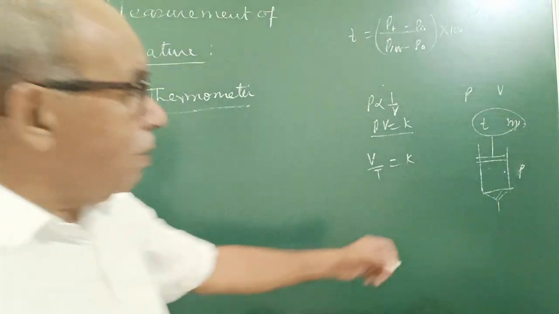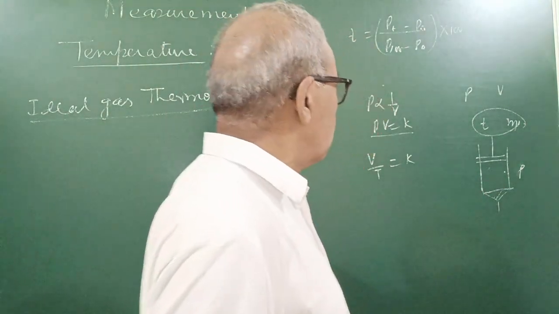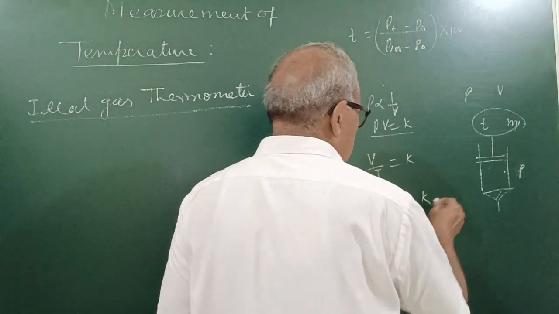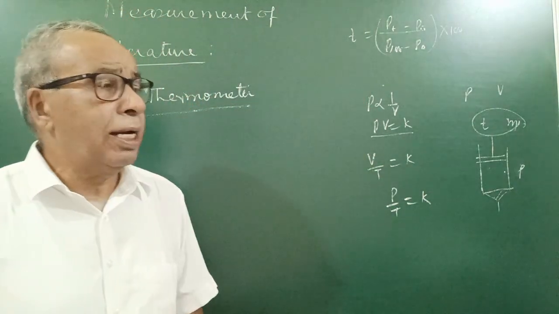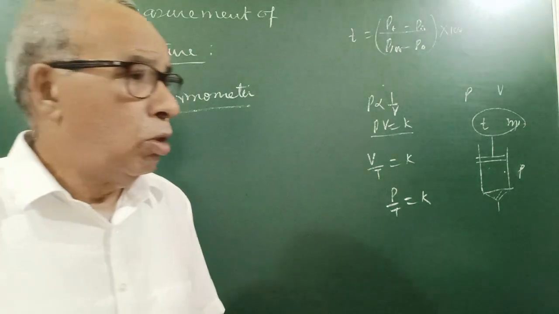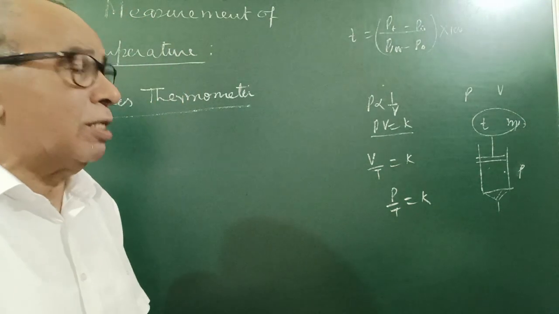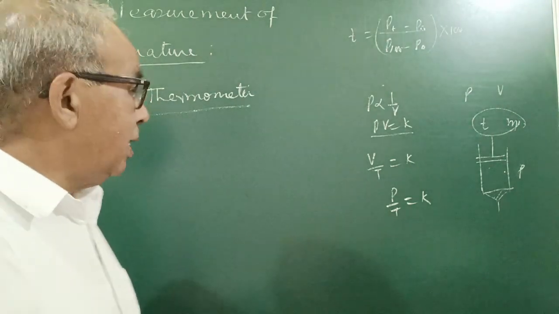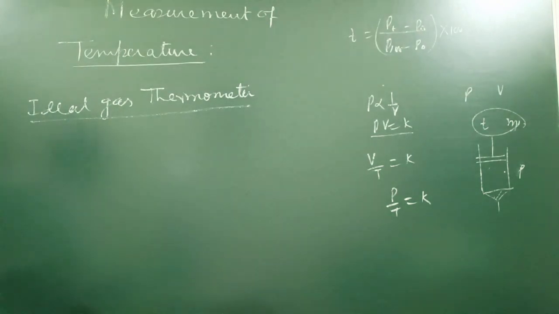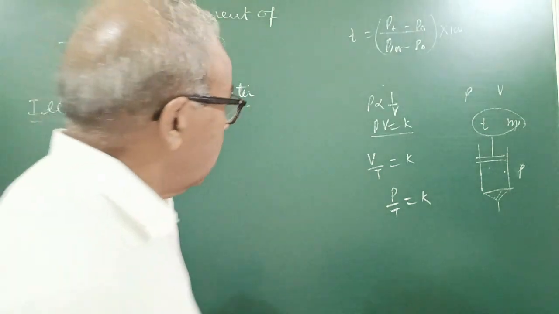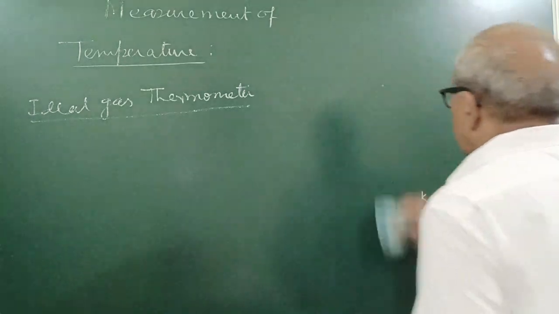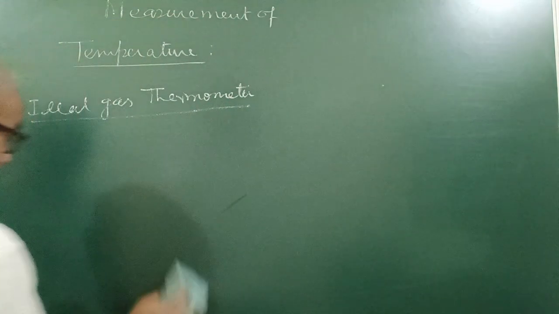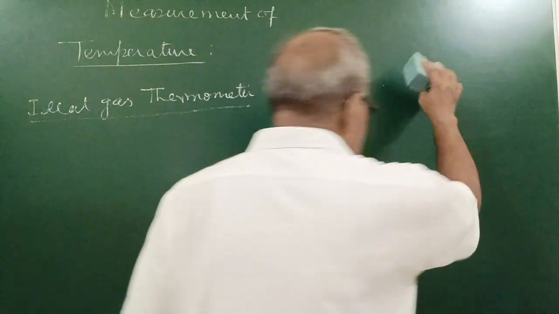And if we keep volume constant, then P upon T is constant. So every gas at very low density, or you can say at low pressure, behaves the same way, and hence we use an ideal gas thermometer. What is that ideal gas?